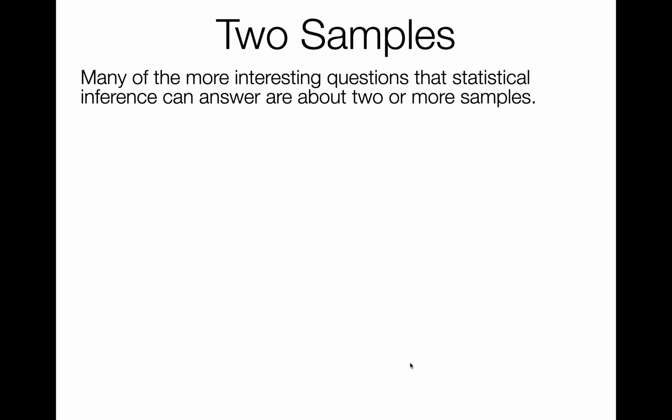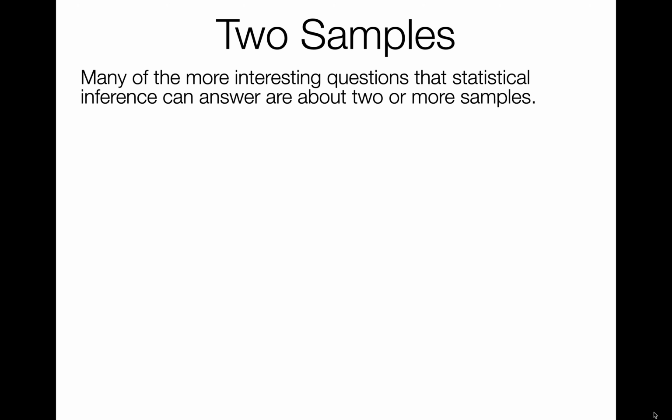To start off with two samples, many of the more interesting questions that we try to answer are going to involve two or more samples. Usually I'm not interested in just one population.